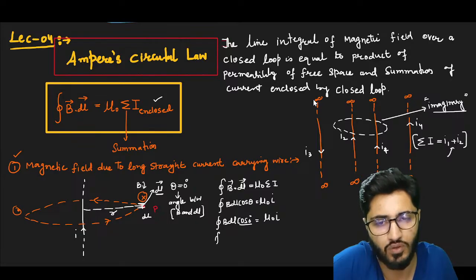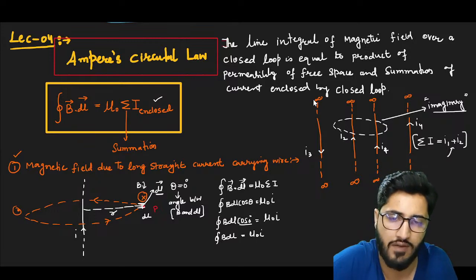So I will write closed integration of B dl equals mu naught I. I will take B outside, it is constant. So I will write integral of dl equals mu naught I.